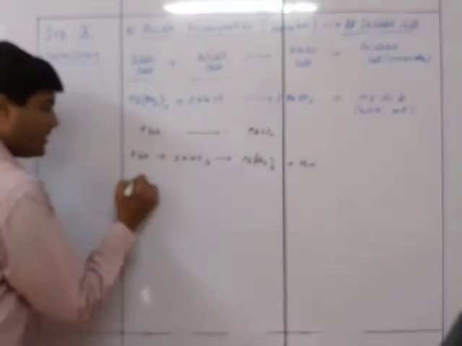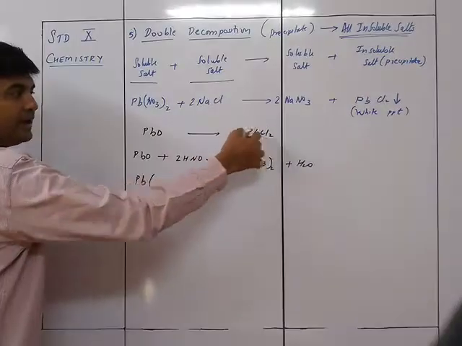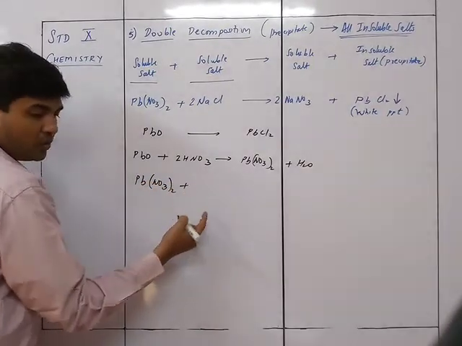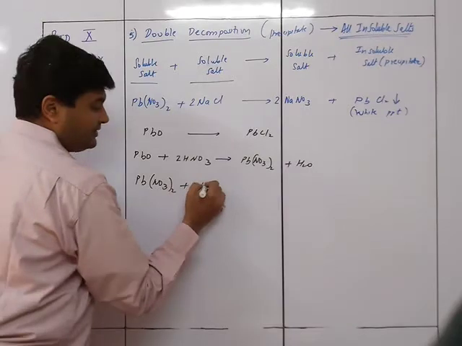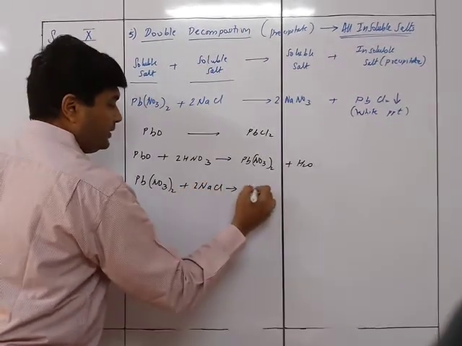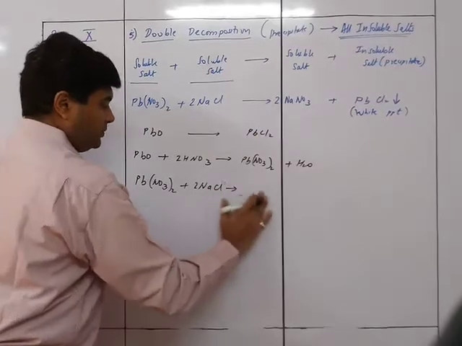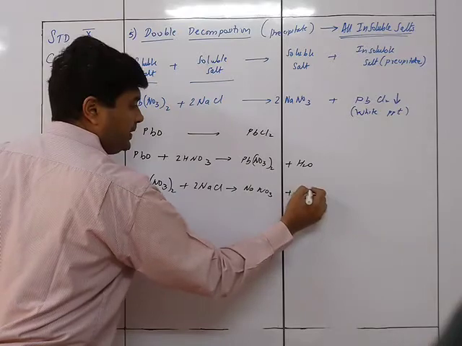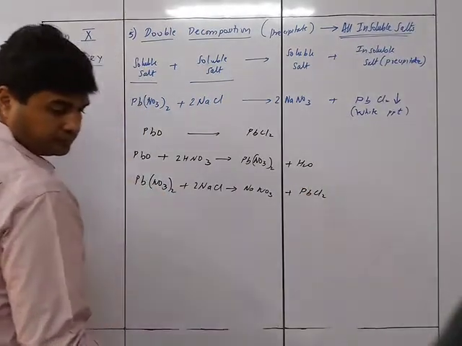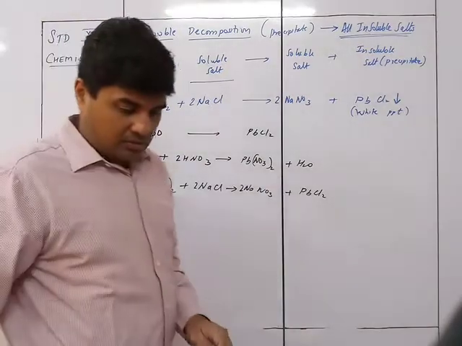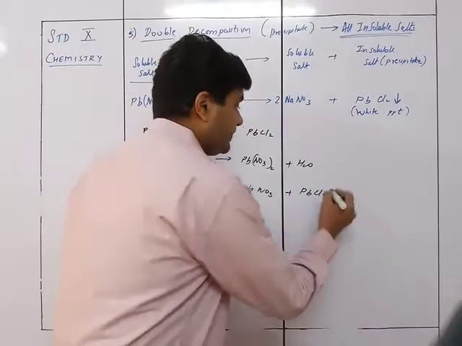Now I can react this soluble nitrate with any chloride to give me the required thing. So I'm going to take a chloride, and the chloride can be NaCl. I took 2NaCl to give me 2NaNO3 plus PbCl2. Got it? This will be the precipitate which is formed.